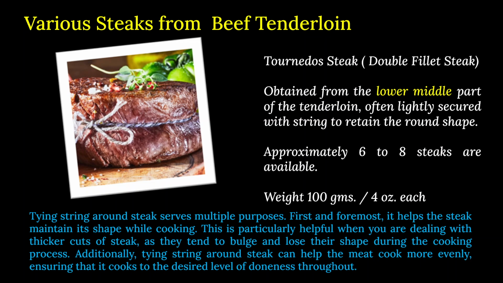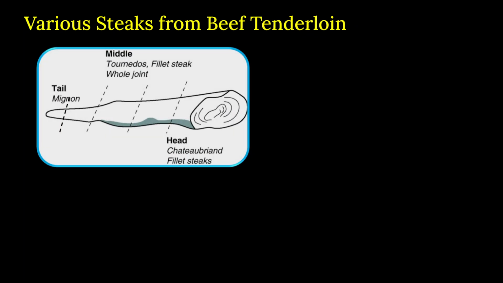We are surely going to discuss doneness in our next session of the class on beef meat understanding. Definitely you should not be worried about that. For now, you just know this is the tournedos steak or double fillet steak, and we have also clarified why the string is used. Okay, fair enough. Let us proceed to the next.